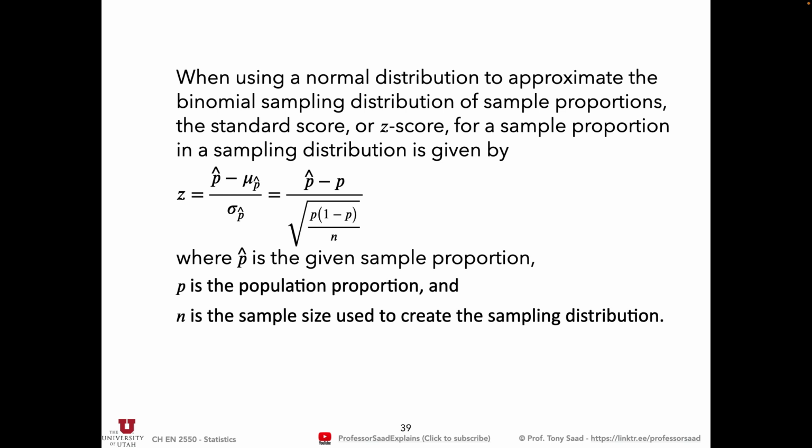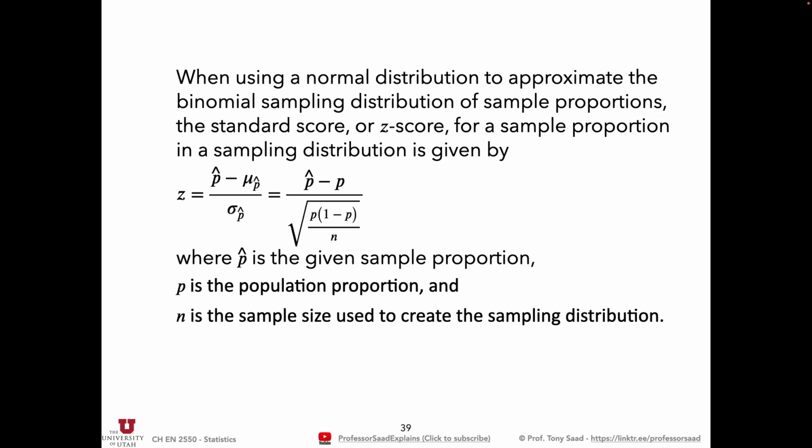Then you can build a z-score the same way we built a z-score for sampling means, except now we have sampling proportions. You just have to figure out what mu is, which is simply P, the proportion in the original population, over the standard deviation for the sampling proportion, which is this guy. Once you do this, you're back in business.